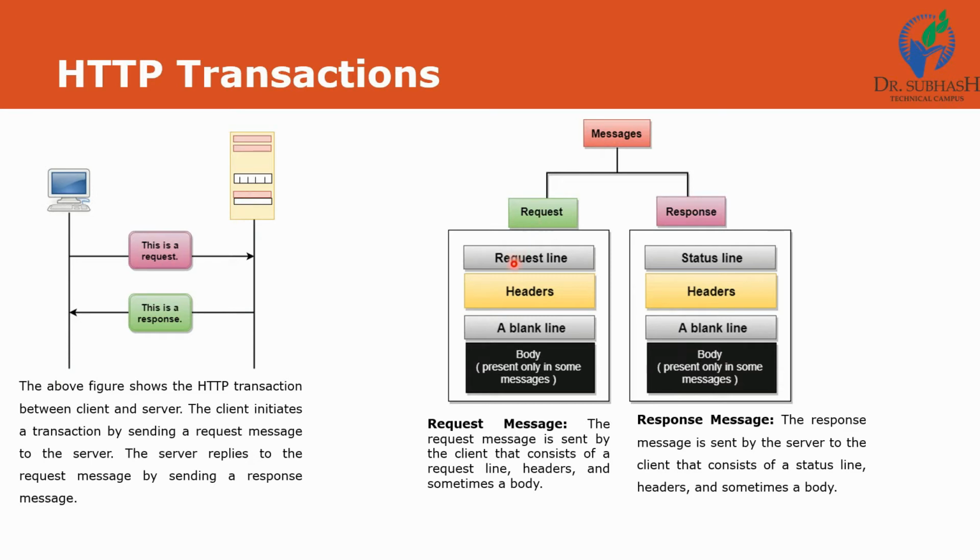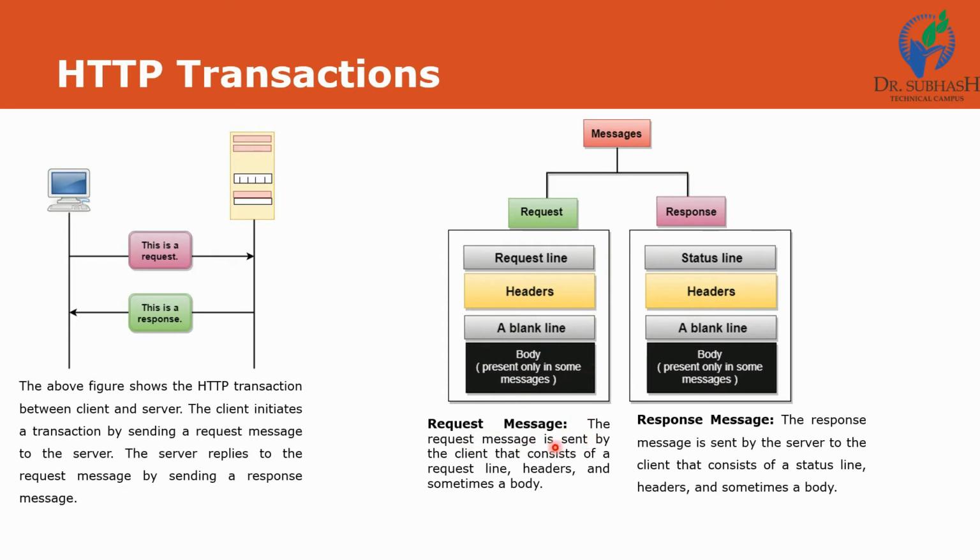Here request line, response status line. Request also passes headers as well as response passes headers. A blank line and body are present only in some messages, that means a body of request and a body of response.